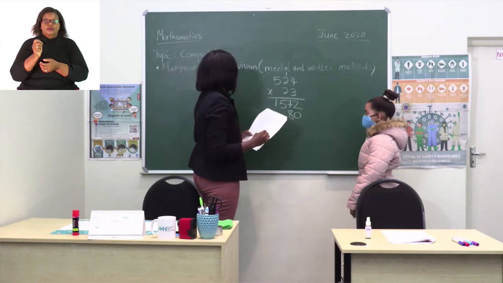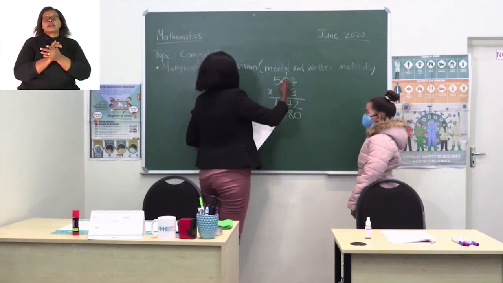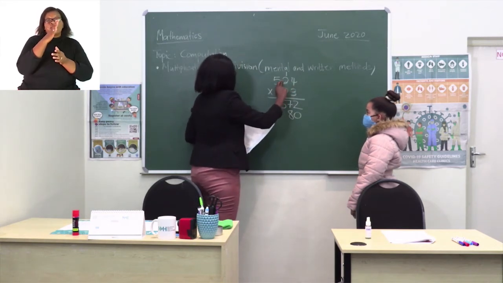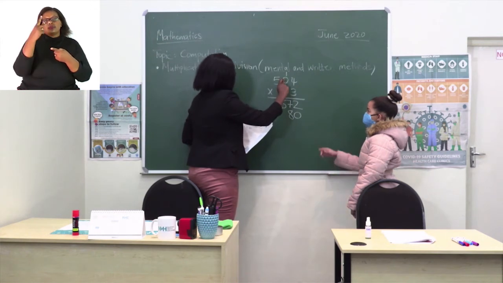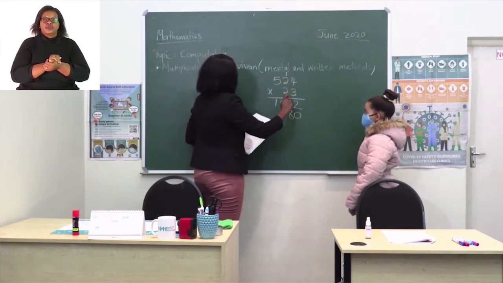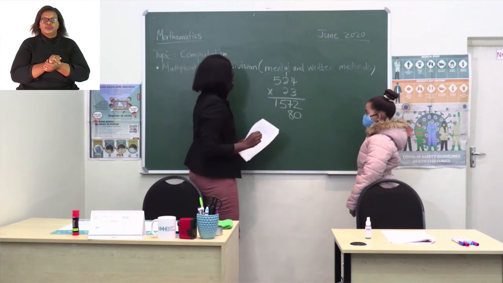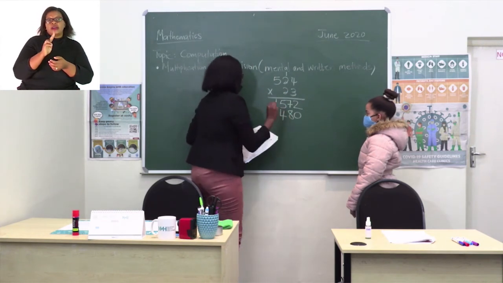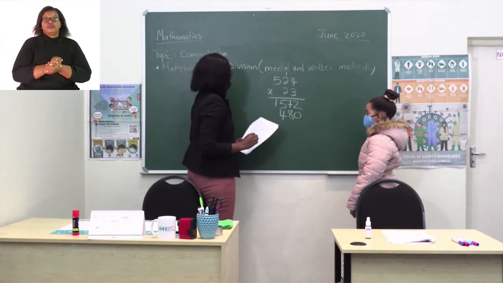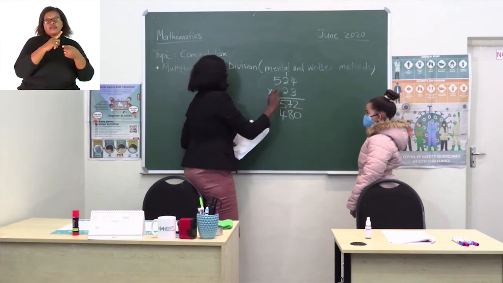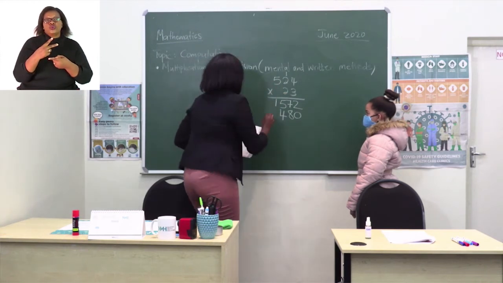Good. The next one is 2 times 2, which is 4. We write down our 4 there. The next one is 5 times 2, which is 10.